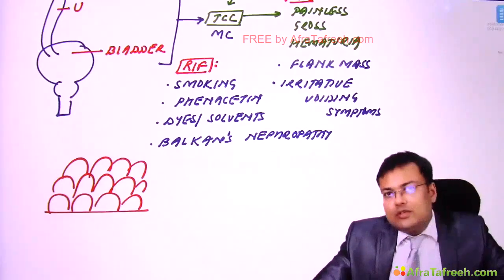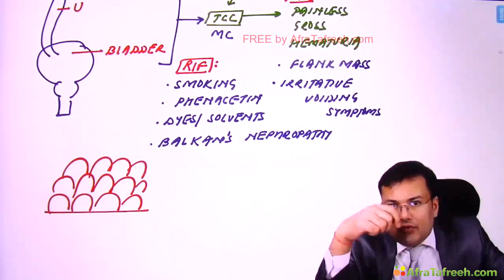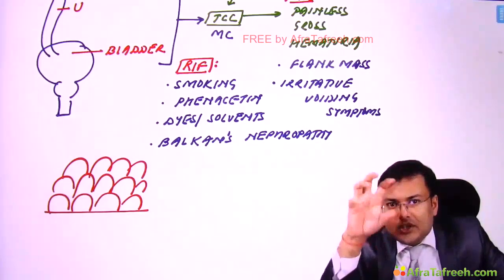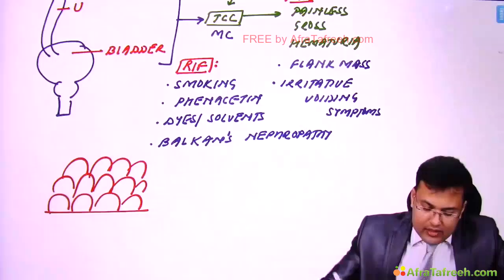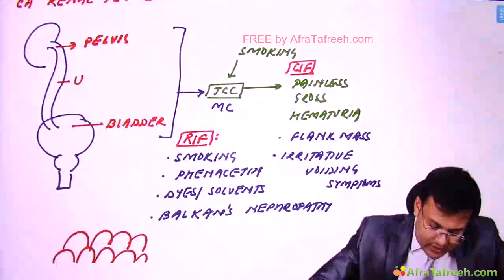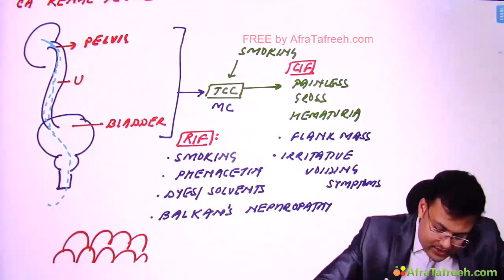So to make the diagnosis, since the malignancy is in the pelvis, we go for ureteroscopic brush cytology. How is it done? You can see, this is ureteroscopic, and here brush cytology.